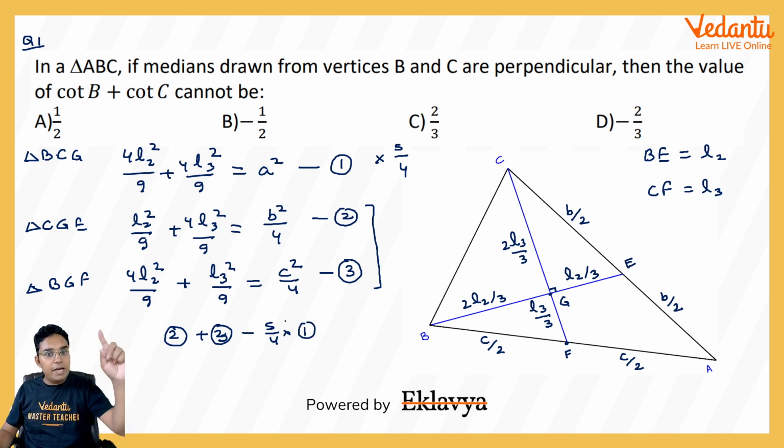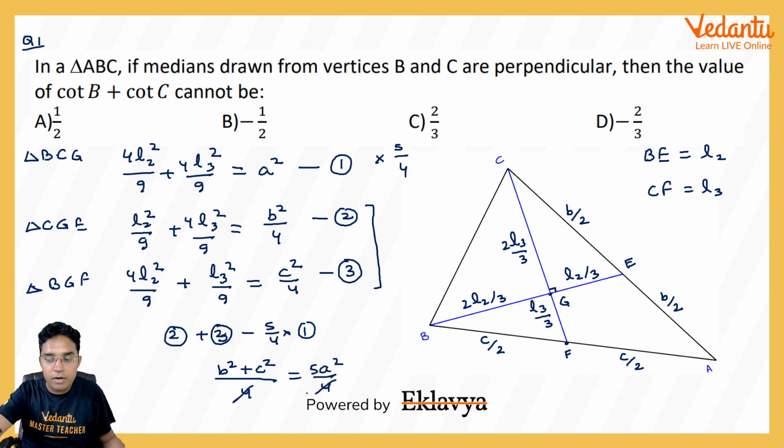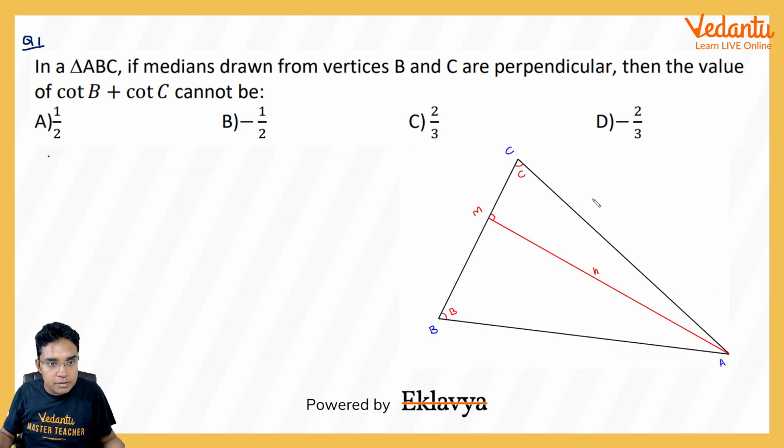So my left hand side will get cancelled and we will be getting b square plus c square by 4, and this will be equal to 5a square by 4. So one very important result we have obtained, which I will write on the next slide, and that is b square plus c square is equal to 5a square.